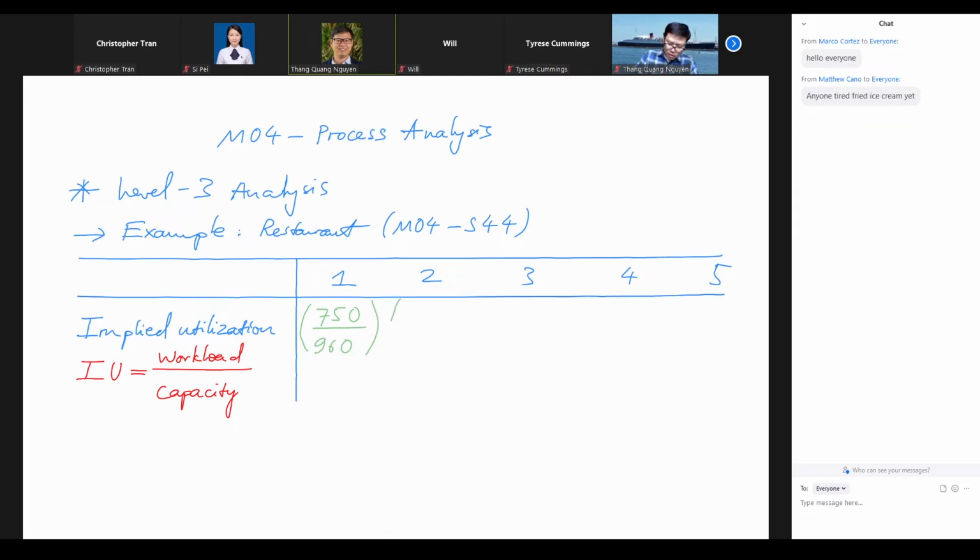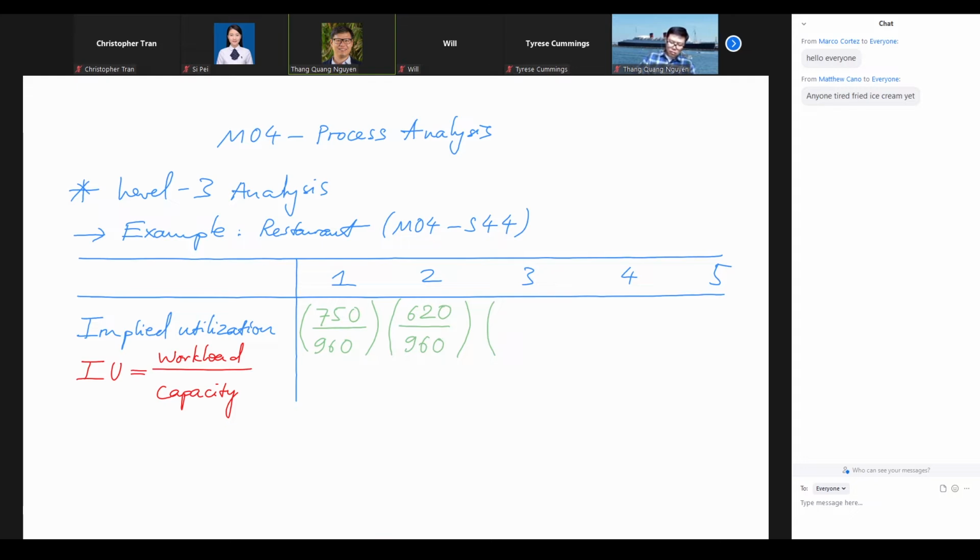The second station, we're gonna have the workload of 620, whereas the capacity is 960. The third one, we take 600, and the capacity is 480. Right?